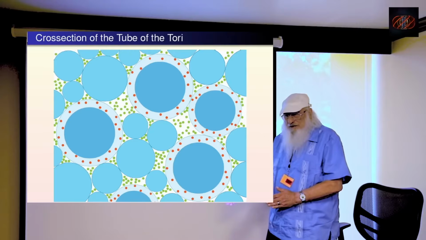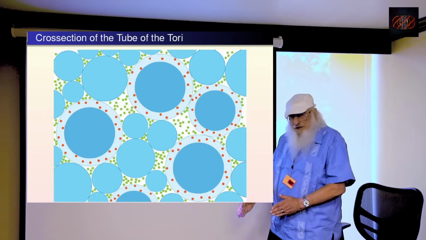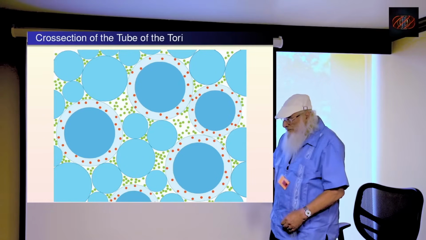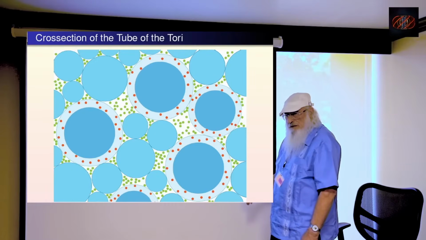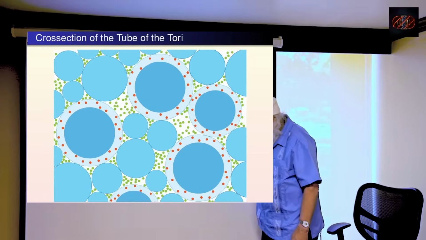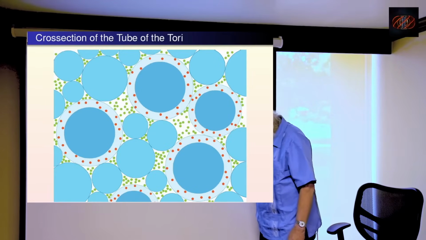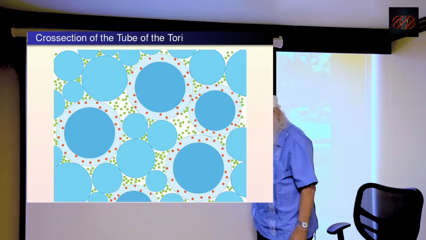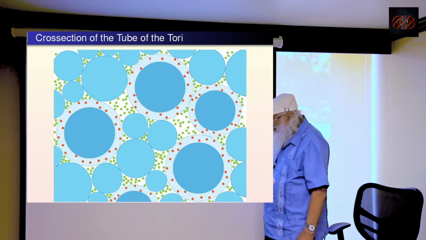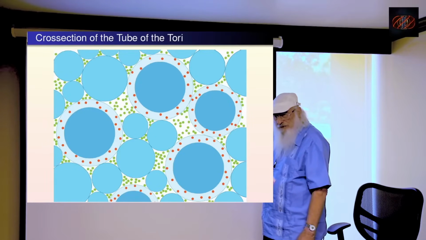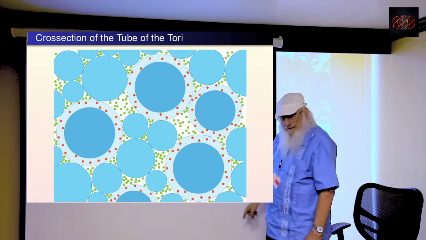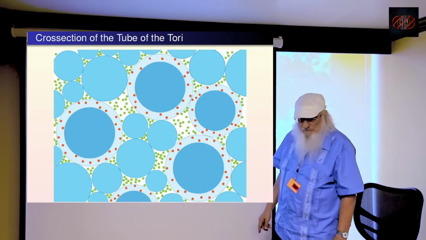We just sliced it perpendicular to the plane of the torus. And this is the core that has no ions. This is the annulus region around the ring that we talked about before. That's what's going on.